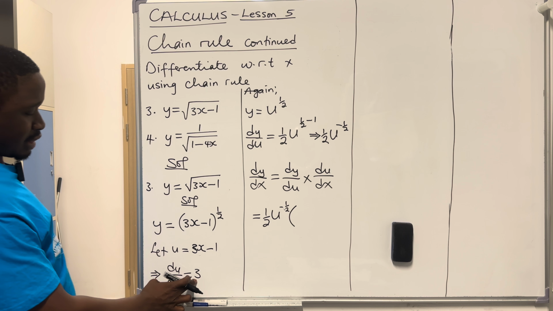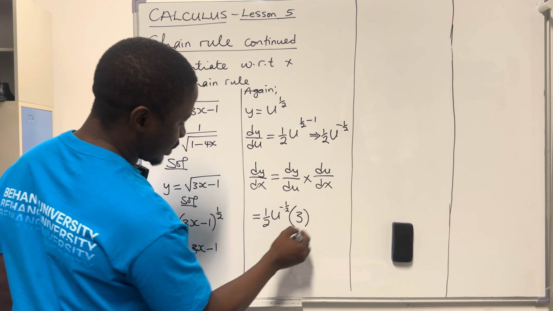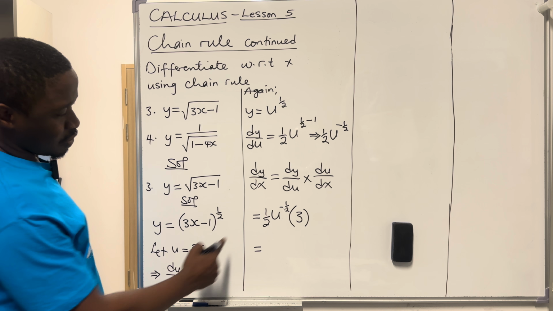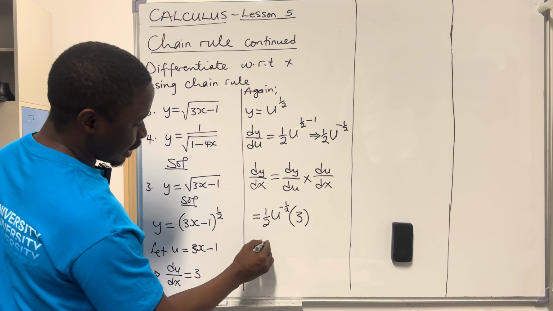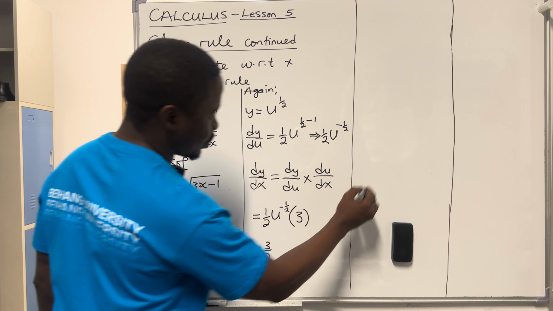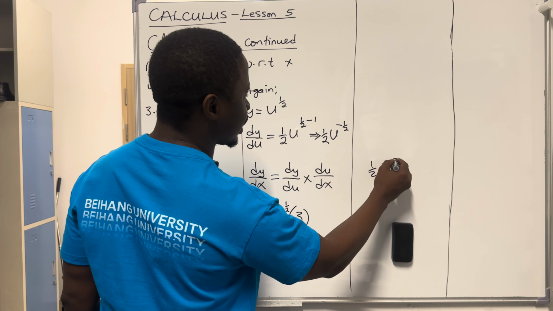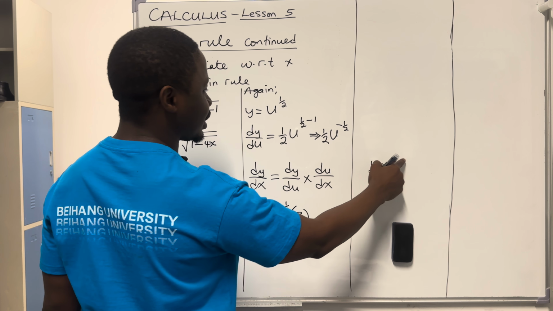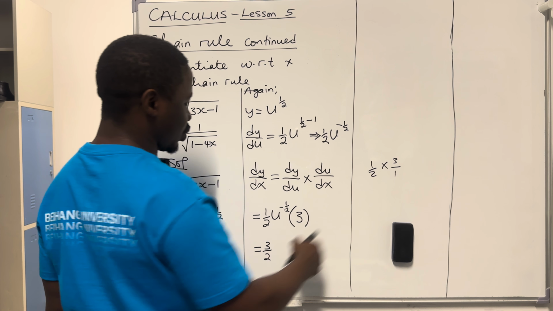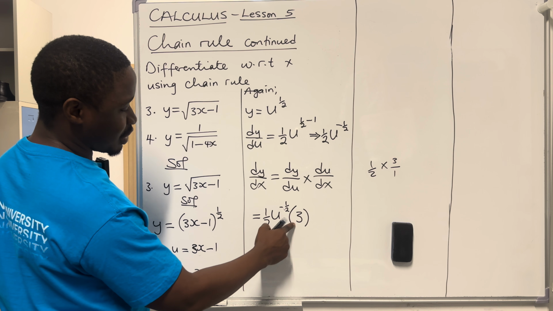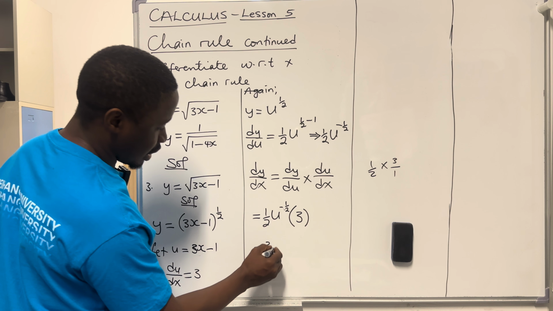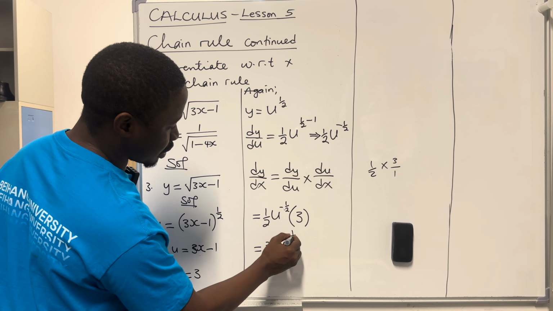Du dx is 3. Okay, so half times 3 is 3 over 2. Half times 3: 1 times 3 is 3, 2 times 1 is 2. So half times 3 is 3 over 2. Then u to the power minus half.